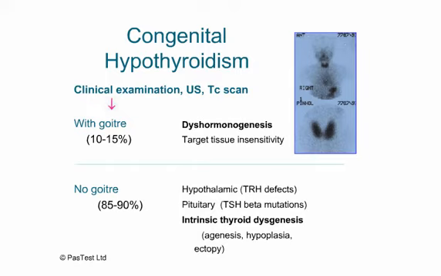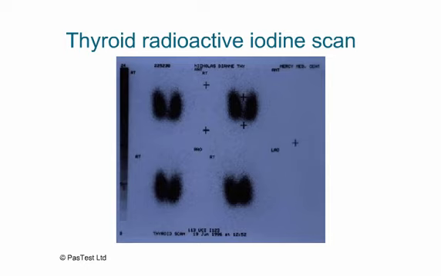This is a thyroid radioactive iodine scan showing uptake of iodine into the thyroid, which appears as a butterfly-shaped structure. If the gland is present or large, as in dysharmonogenesis, this will show up. If the gland is small or absent, as in dysplasia, the image will not be present.